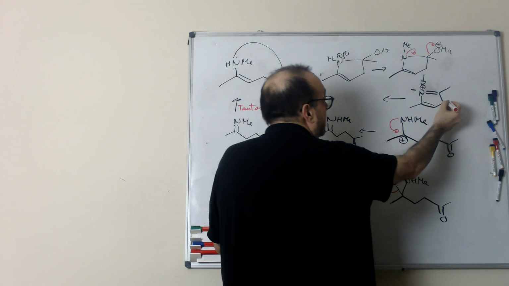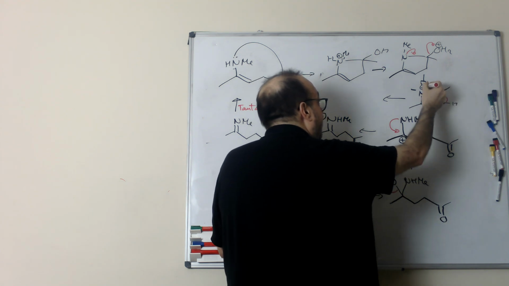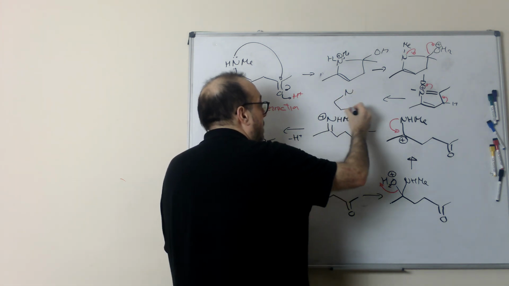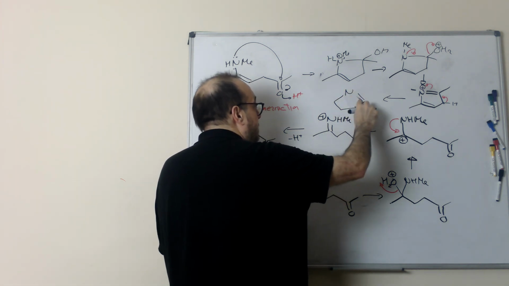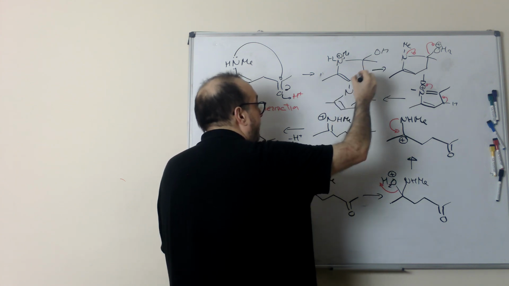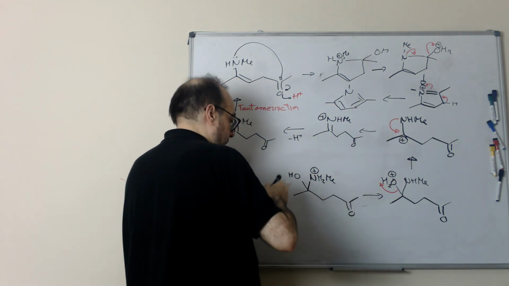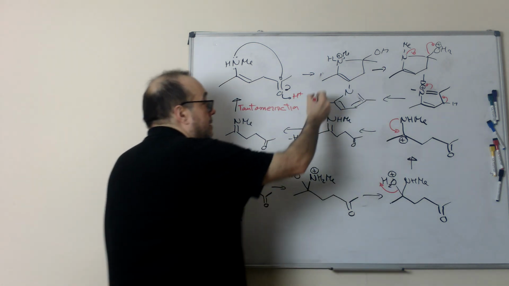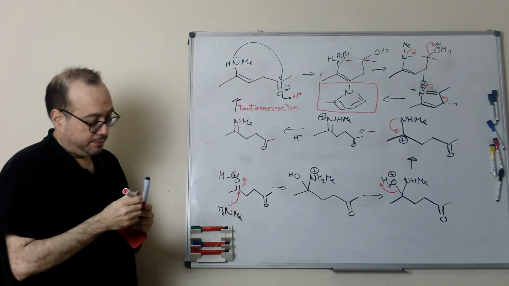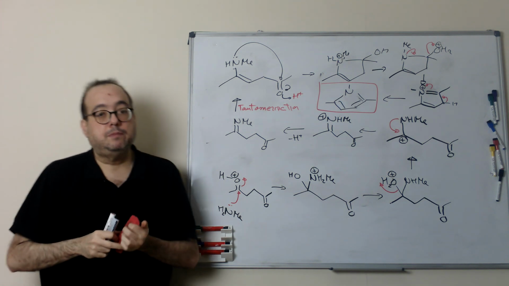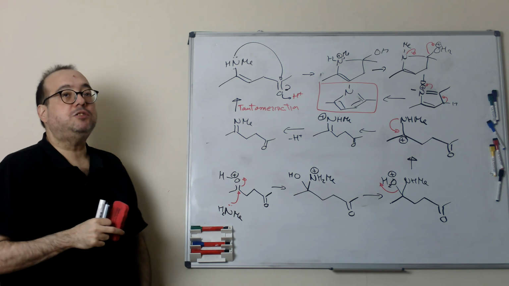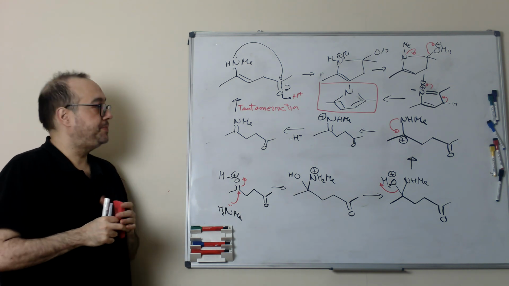Basically, we lost a proton, and what we generate is the final pyrrole. This is how we synthesize pyrroles from 1,4-dicarbonyl compounds.